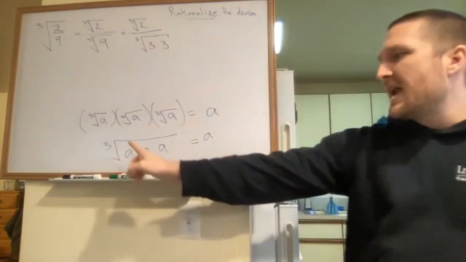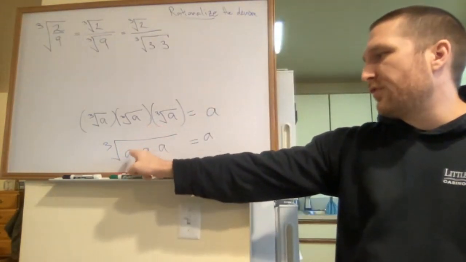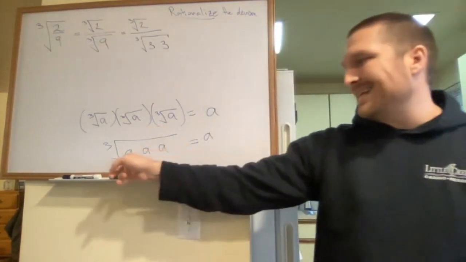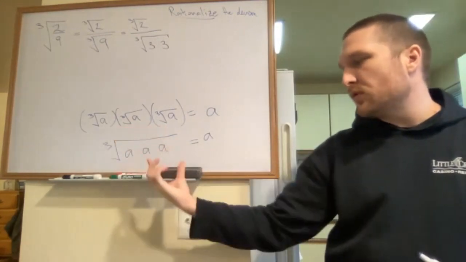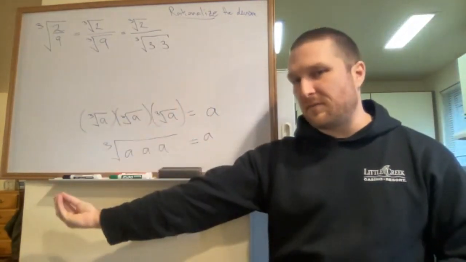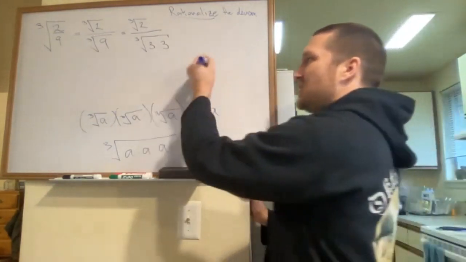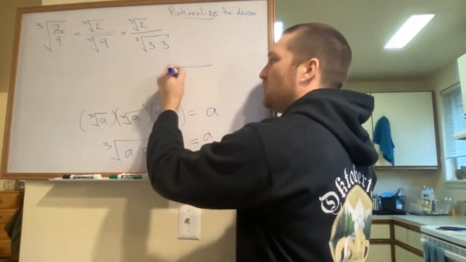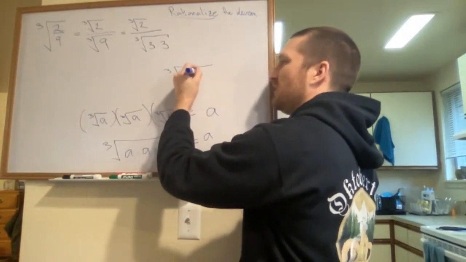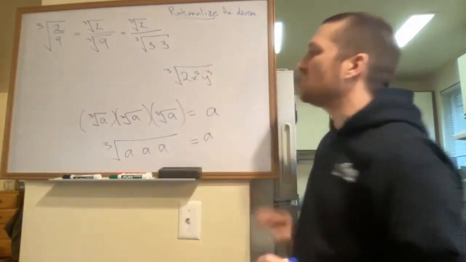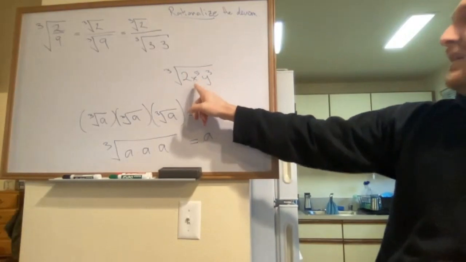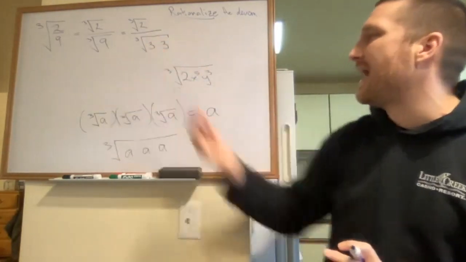In other words, as soon as you have 3 of whatever it is in a cube root, right, you get to pull one of them out. You've seen this in homework a bunch of times, right? Like you have the cube root of 2x to the 5th times y cubed. You could say, as soon as I have 3 of them, I get to pull one of them out.